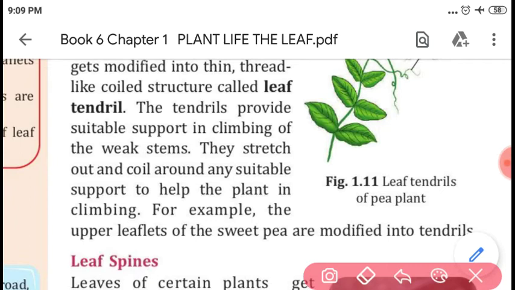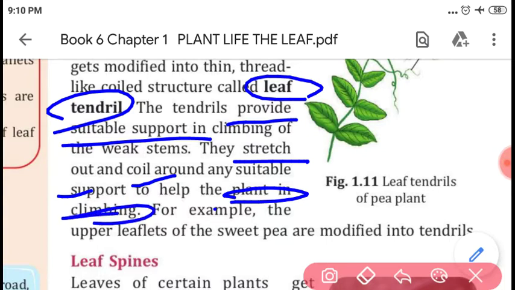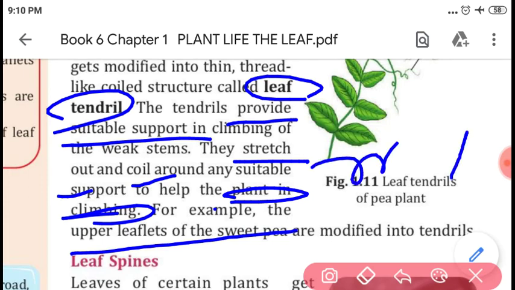In some weak plants, leaves or some part of them get modified into thin thread-like structures, and those are known as leaf tendrils. What is the function of these leaf tendrils? They stretch out and coil around some suitable support, so that the plant can climb easily. Like the upper leaflets of sweet pea are modified into tendrils. These are the tendrils, like this.